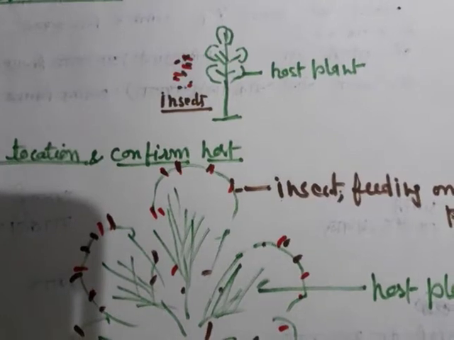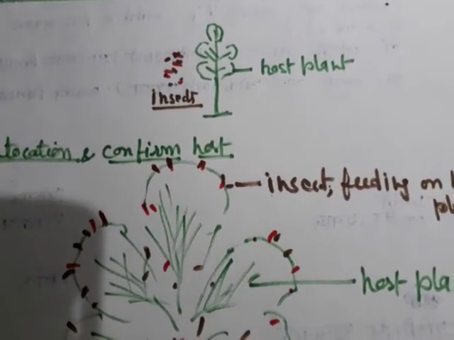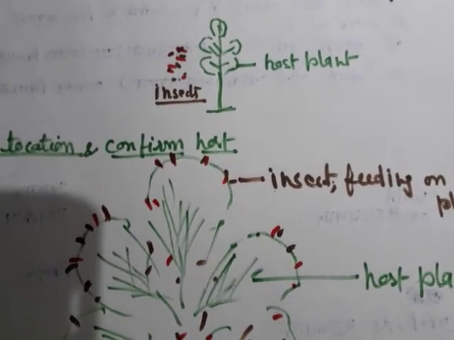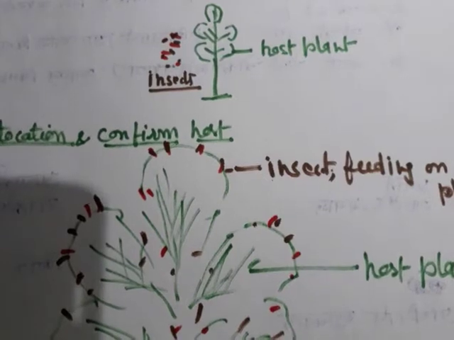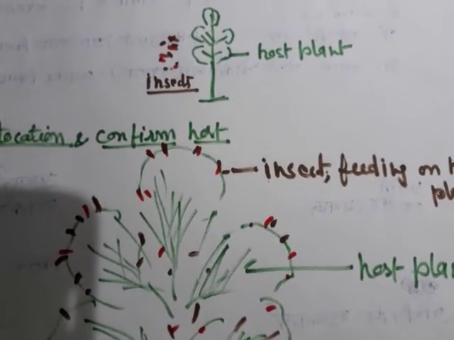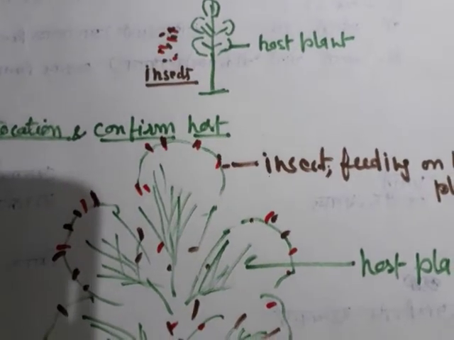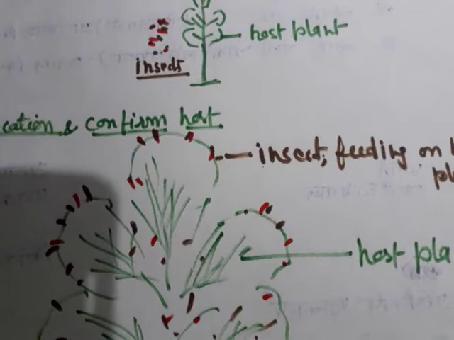Phytophagous insects can also be good pollinators. They are beneficial to plants, like moths, butterflies, bees and wasps. While taking their food, they can pollinate the flowers.